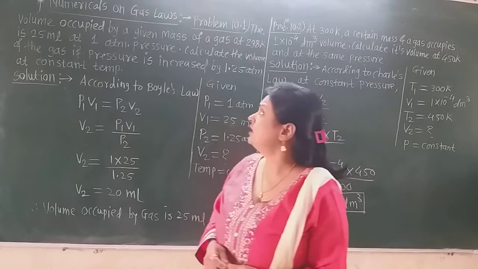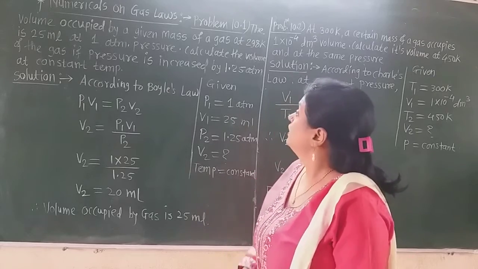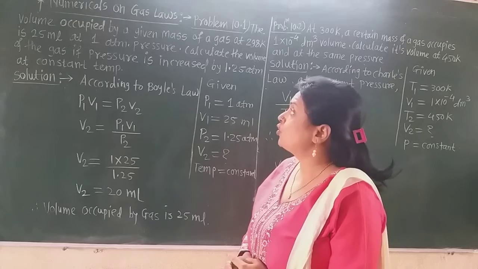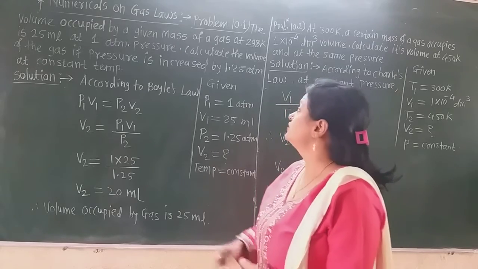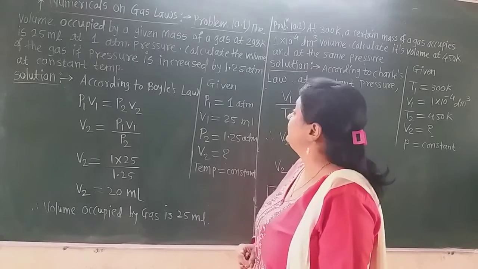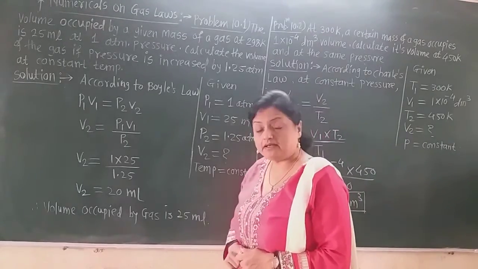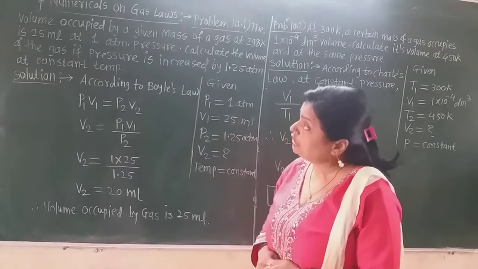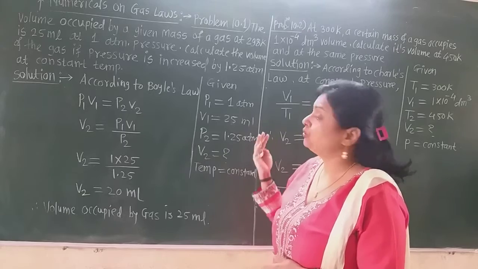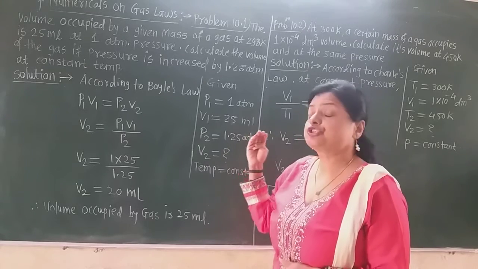Now let us solve the first numerical, problem number 10.1. What is this numerical? The volume occupied by a given mass of a gas at 298 Kelvin is 25 ml at 1 atmospheric pressure.